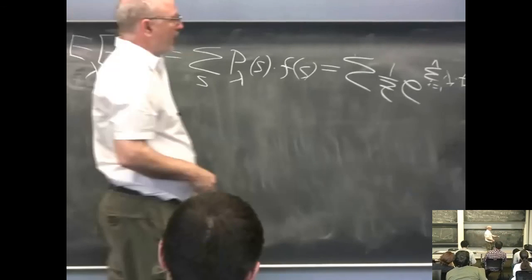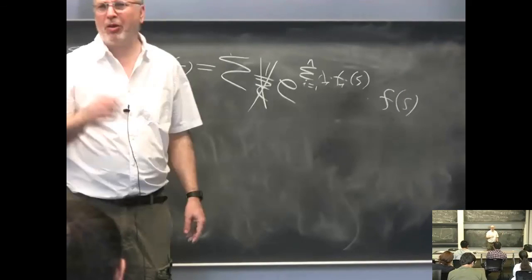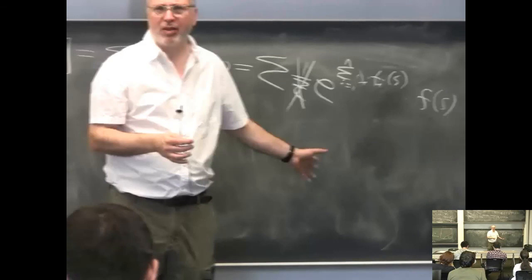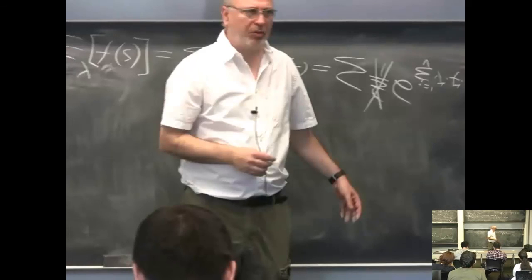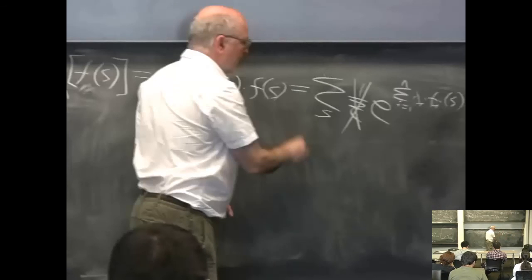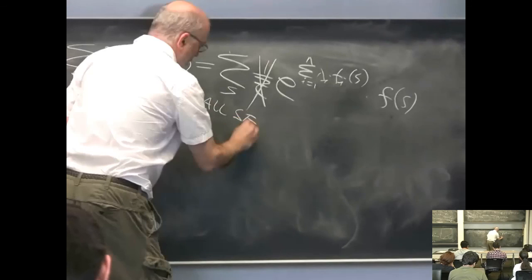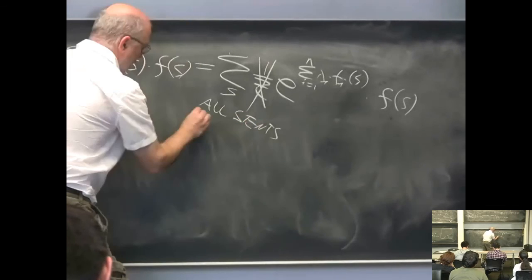Now I said that I don't need the Z, because it'll fall out anyway. So I can pretend that I have it, and then later it'll fall out. But I still need to calculate this. And this is a summation over all sentences in the world. All sentences in the known universe.